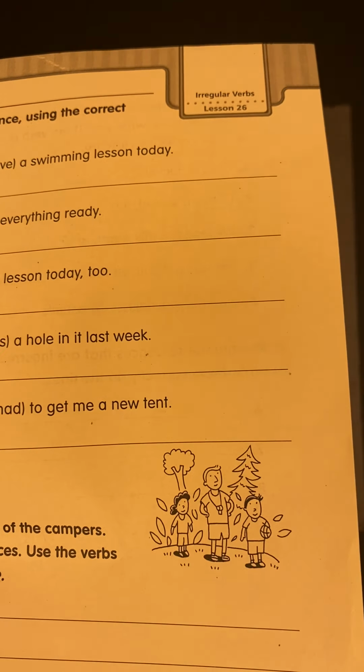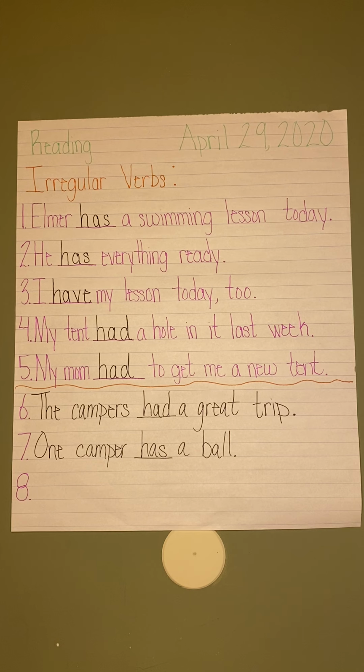Do we have to leave? So my next sentence can say, do the campers have to leave? Although it's not a sentence, it's a question, but a question is a form of a sentence. So I can say, do we have to leave?